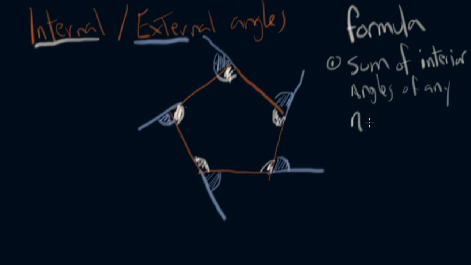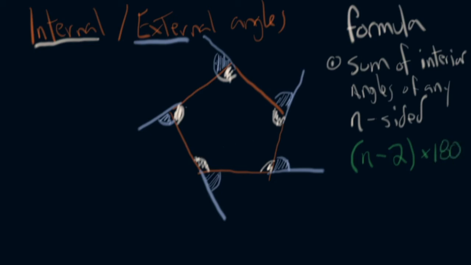And we'll say it's n-sided. So if we're looking at the inside, this formula, I'll write it in green, it'll be exciting, is going to be n, and n is the number of sides, minus 2, times 180. And that we're talking about degrees.